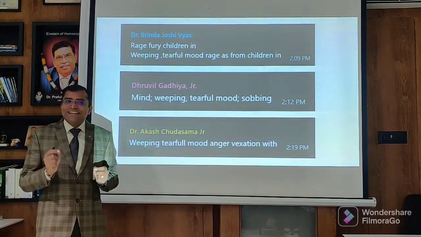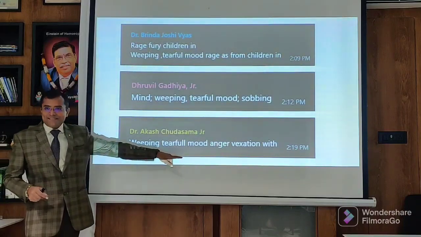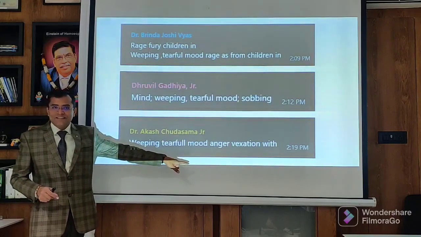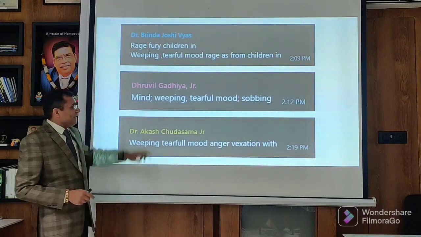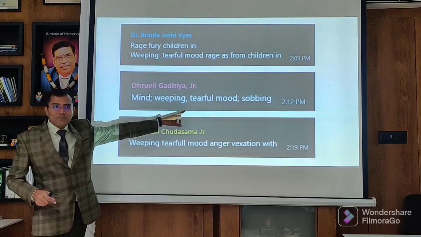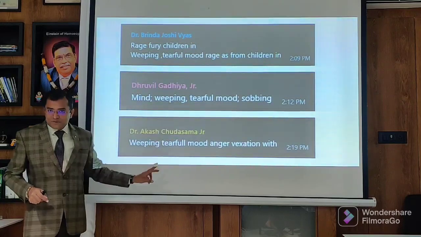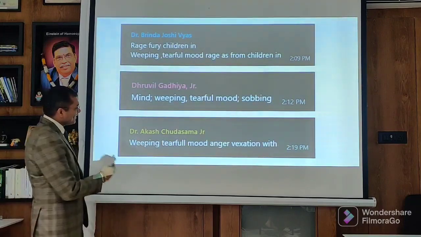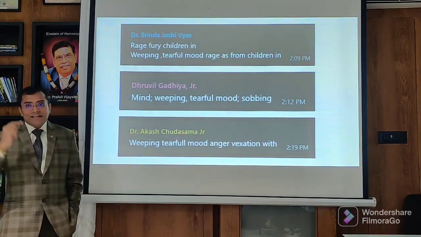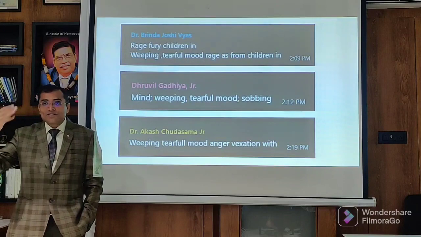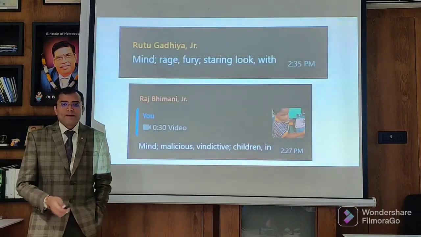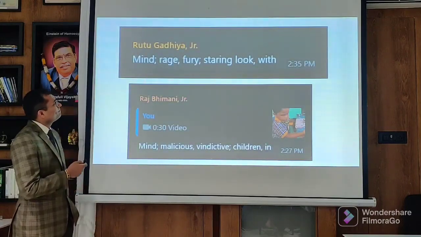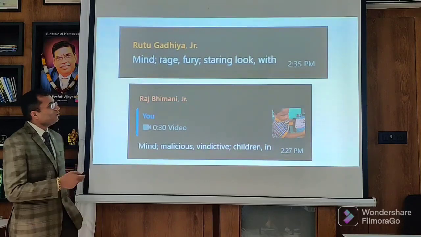Now you have to understand where I made mistakes. This is very important. The sobbing is there, but do you see tears? No. That is very important. So Dr. Akash has said this rubric. Now you have to understand where our horizon of understanding has to be improved. Dr. Rutu said rage, fury, staring look with.